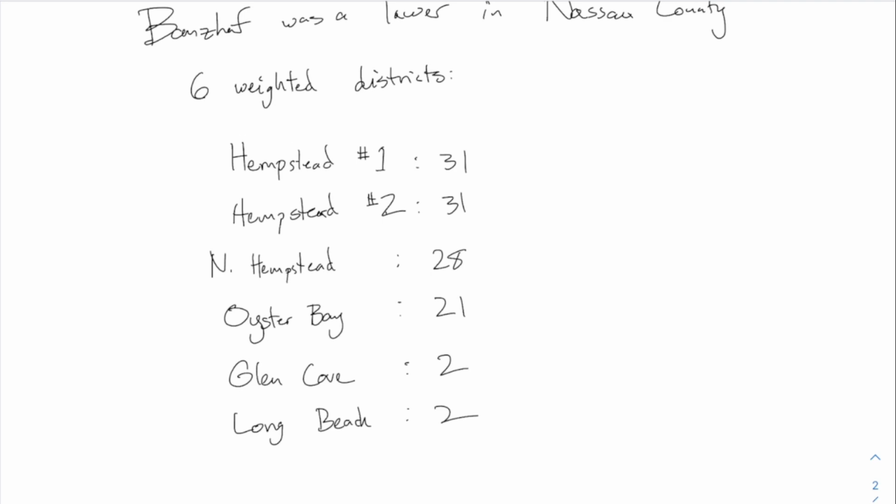So these are the votes. I believe it's not divided in this way anymore. This is the 70s when Banzhaf was doing his thing. The way it works is when something needs to be decided, each town votes individually, and whoever wins per town, these numbers are added together.